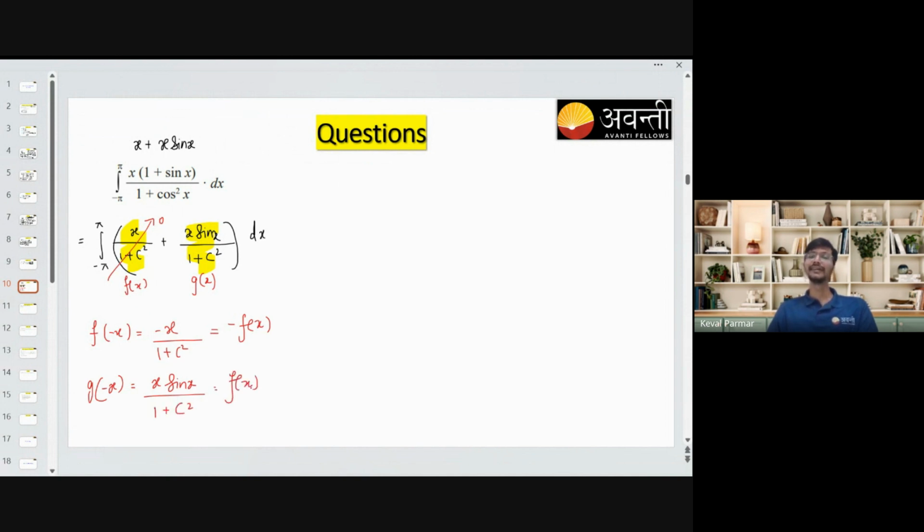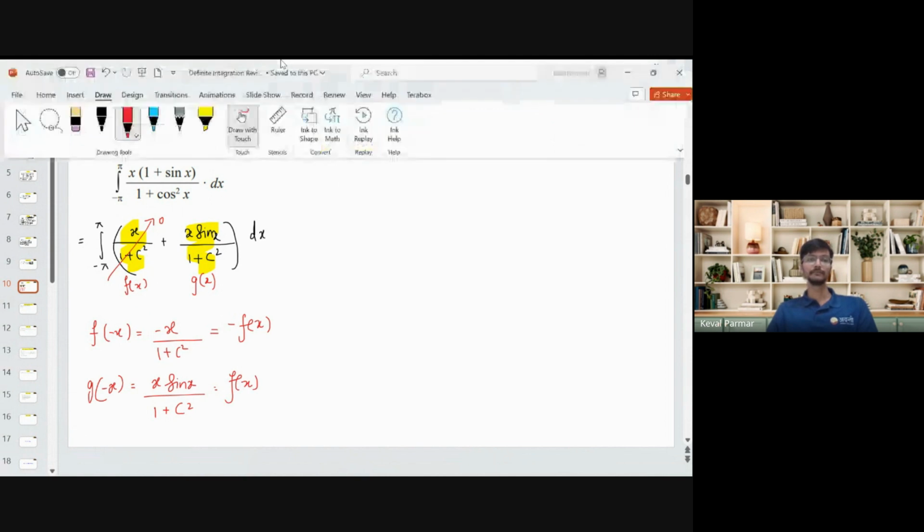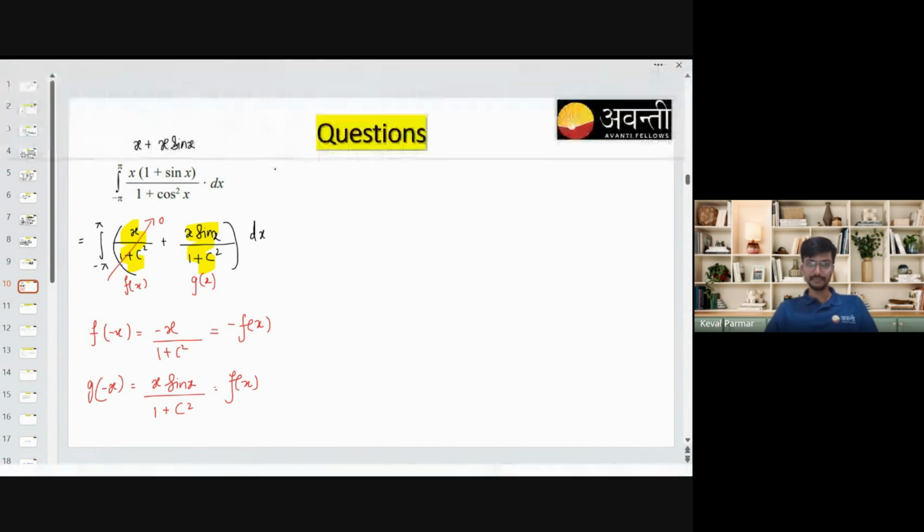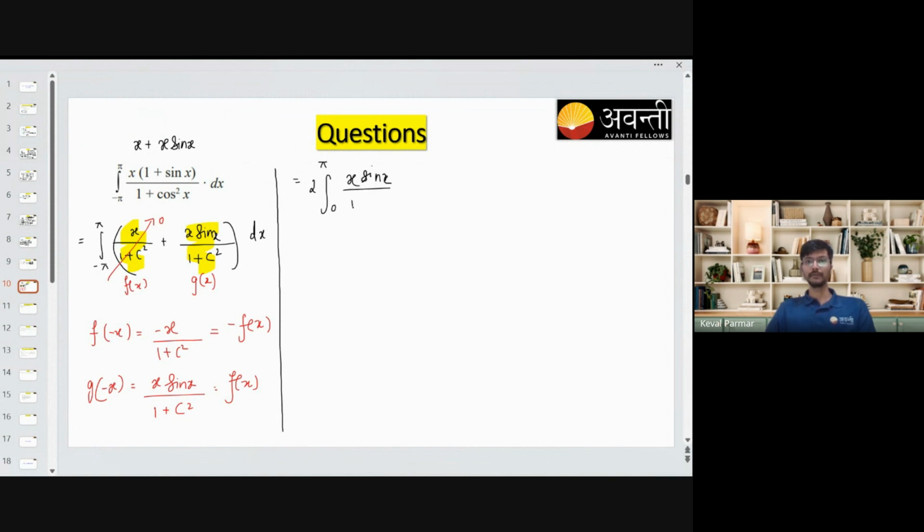That means this is an even function. That means I can write the integral now as 2 times the integration from 0 to pi, using the even odd property, of x sine x upon 1 plus cos square x dx. Right, guys?